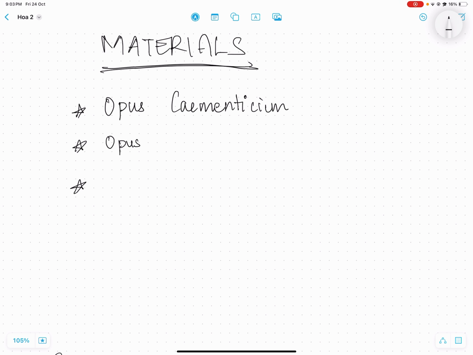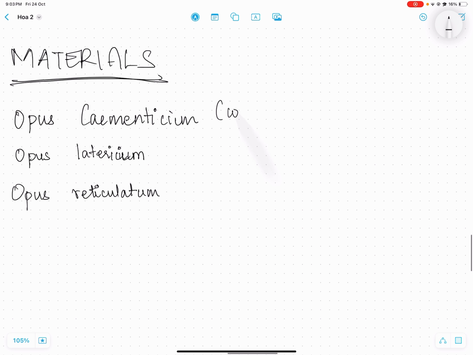First is opus caementicium, opus latericium, and finally opus reticulatum. So opus caementicium is nothing but concrete.